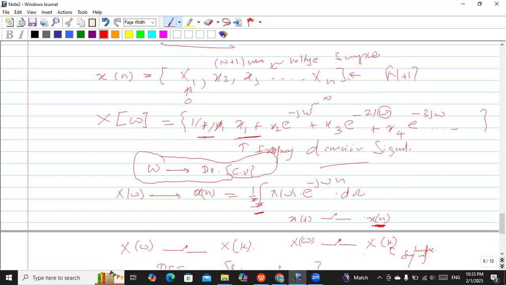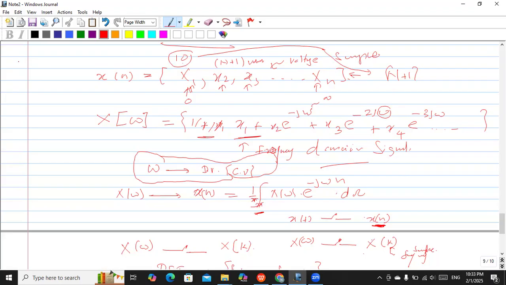These are the time sample values, and related to these time samples, there are N plus 1. For example, if you have 10 time samples, at least you need to have 10 frequency samples. Otherwise, it is not okay. But sometimes if you have 10 time samples, maybe you will have more than 10 frequency samples.